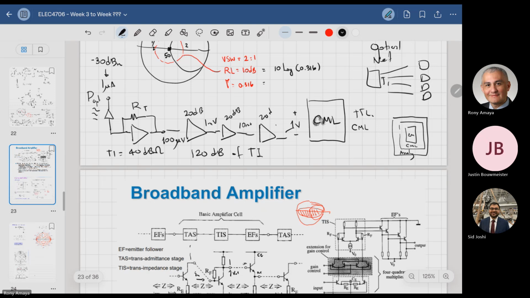And then CML is going to pass it to CMOS. So CML, by definition, requires a minimum voltage. It's a standard. And that voltage is 1 volt, 1,000 millivolts to be exact. It can be as low as 250 millivolts, and it can be as high as 1.2 volts, but in reality, it's only about a volt. And I'm using the volt because it was easier to calculate here. So that's the problem.